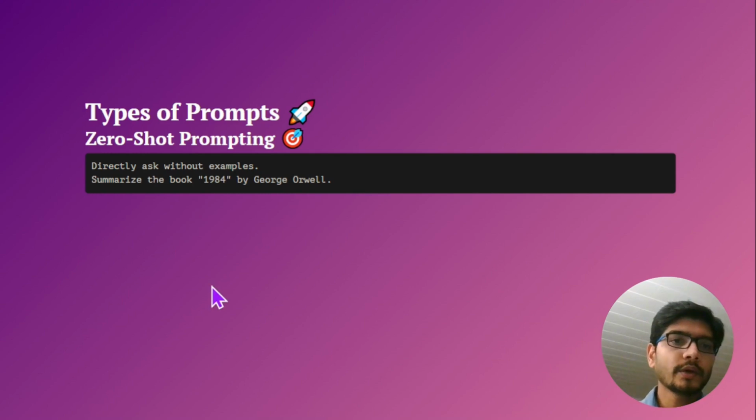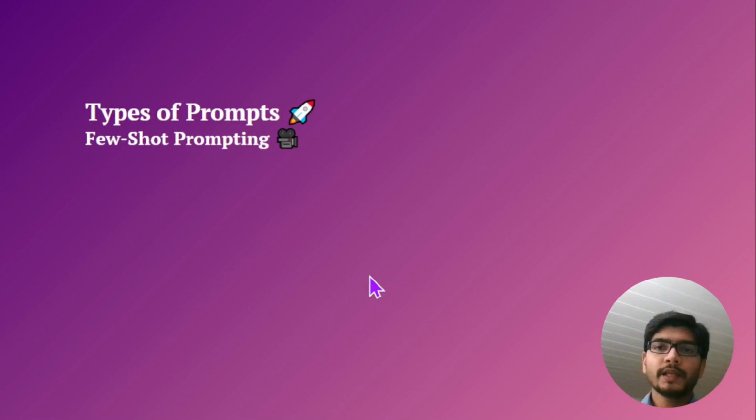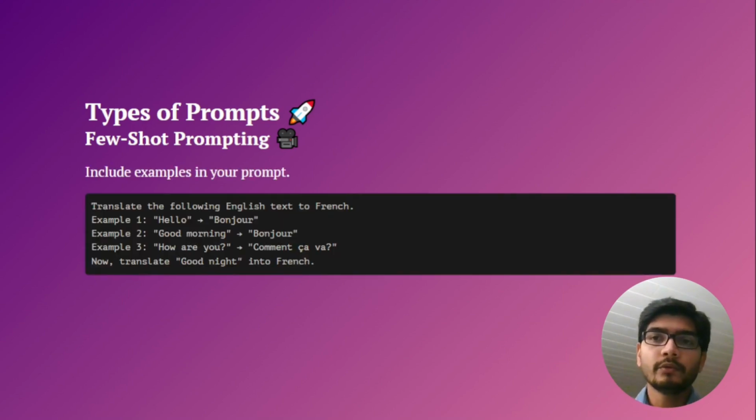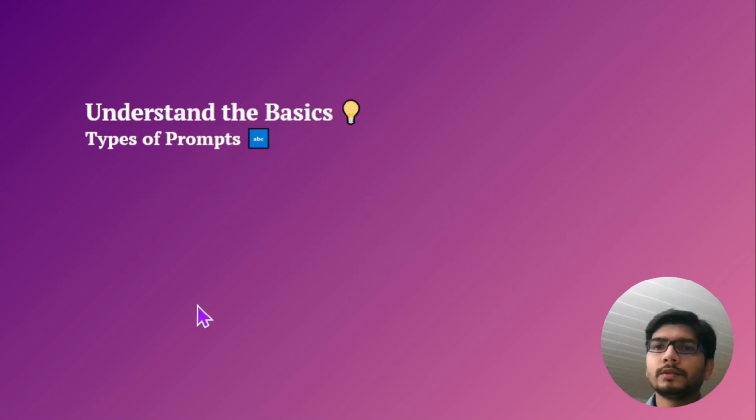Here you are not giving any kind of extra input. Few shot prompting, on the other hand, includes examples in your prompt to guide the AI. For example, you can provide a few French translations and then ask the AI to translate good night into French.